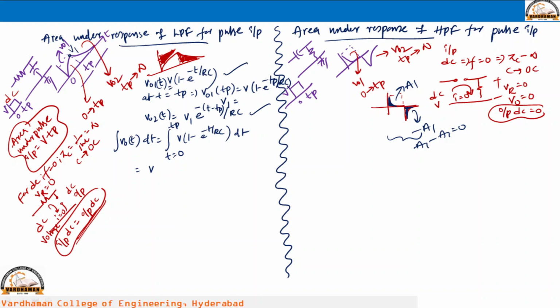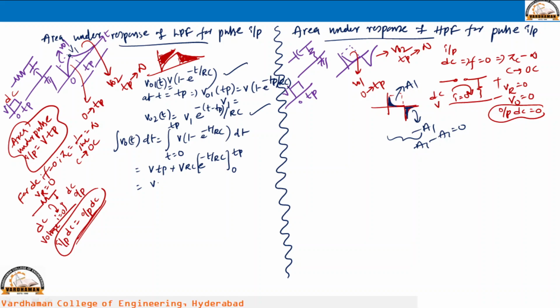One integration is t, and the limits if you substitute Tp, and minus V e power minus t by RC. For e power minus t by RC, the integration is e power minus t by RC, and minus 1 by RC is the derivative of the power, so that should be written in the denominator. Minus 1 by RC means you will get a minus RC, and limits are 0 to Tp.